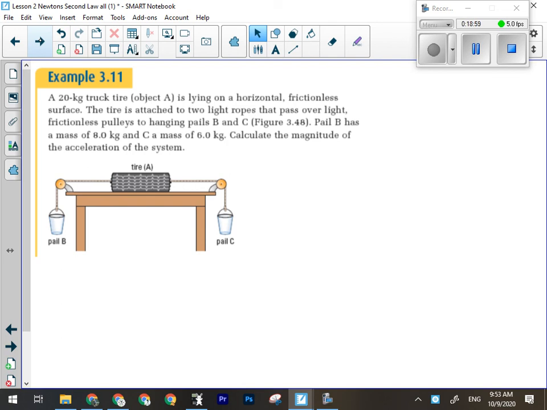Pail B has a mass of 8 kilograms. Pail C has a mass of 6 kilograms. And the tire is 20. I want you to calculate the acceleration of the system. That's what they're asking for, the acceleration of the system.